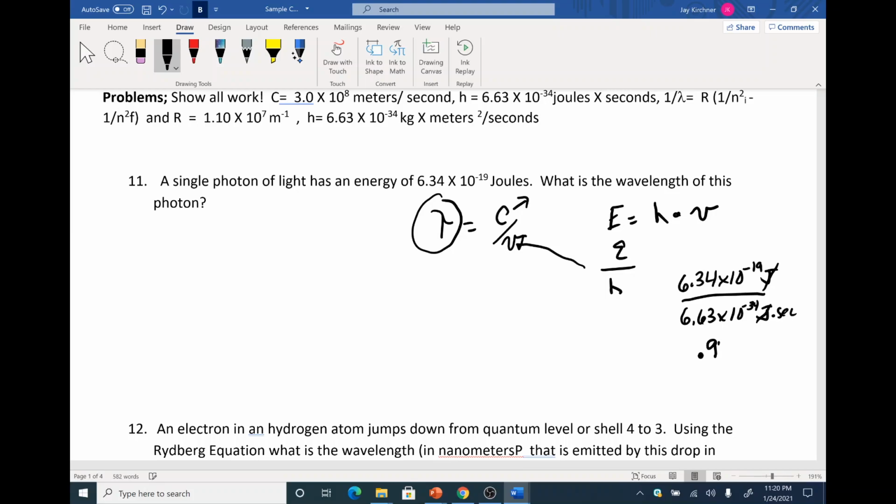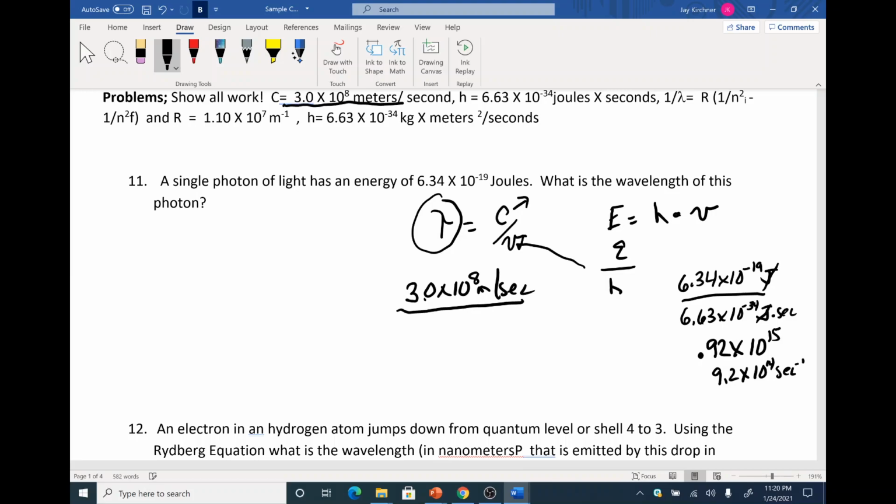I'll put it as 0.92 times 10 to the 15th, which is another way of putting it as 9.2 times 10 to the 14th per second, seconds to the minus 1. So now I can put my speed of light, 3.0 times 10 to the 8th meters per second. Where did I get that? It's up here.